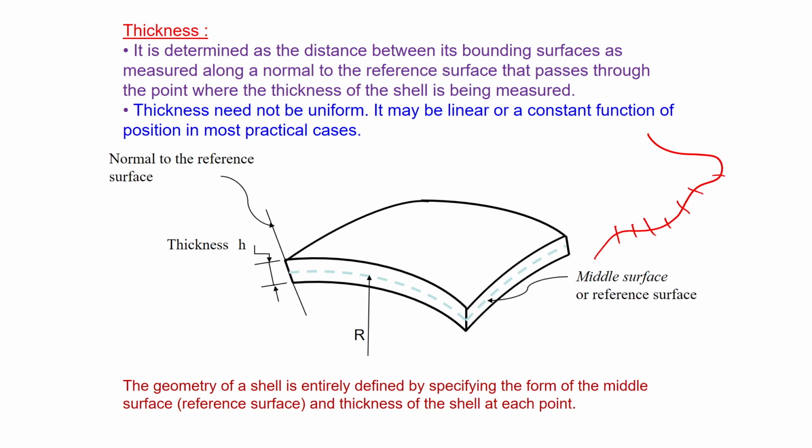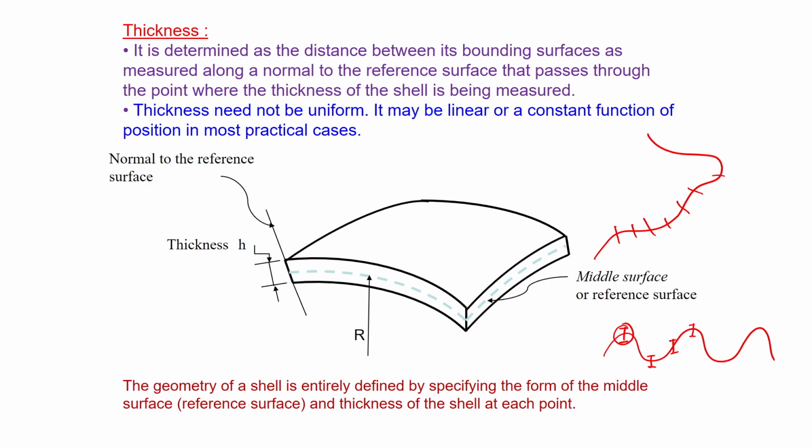The thickness is measured along a normal to the reference surface that passes through the point where the thickness of the shell is being measured. Thickness need not be uniform; it may be a linear or a constant function of position in most practical applications. So, it is not that thickness is measured from some other reference; from every point, normal to that, between the two bounding surfaces, this will be the thickness, and here again, and so on.